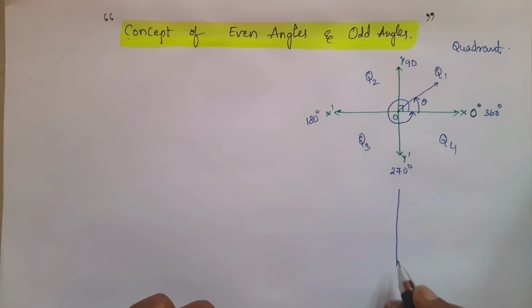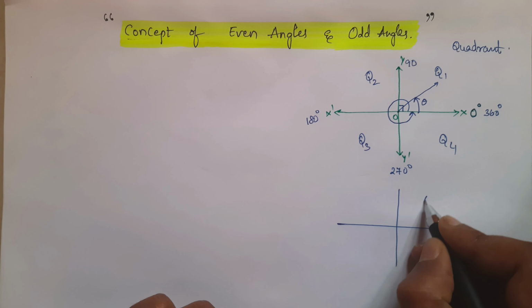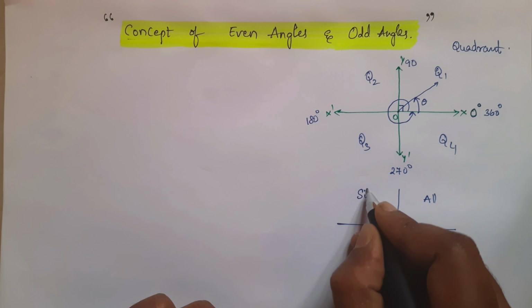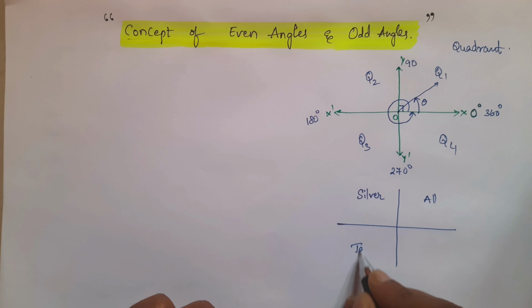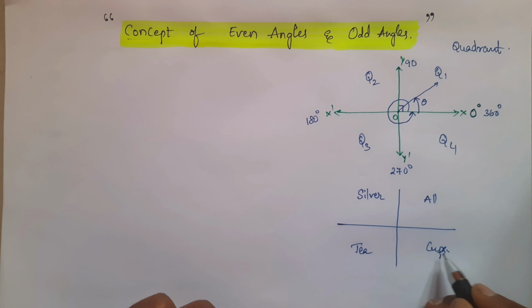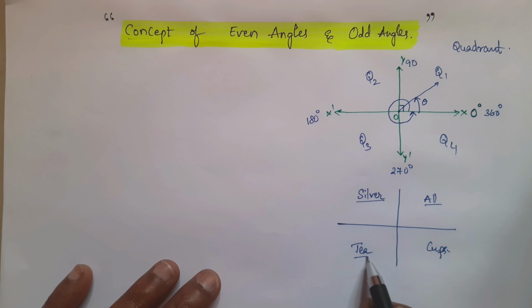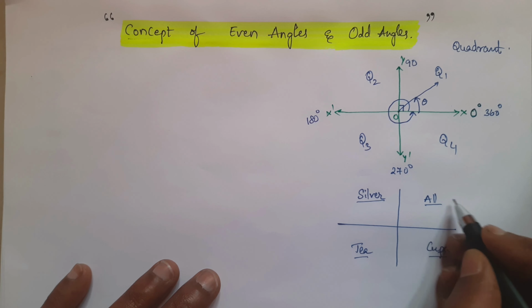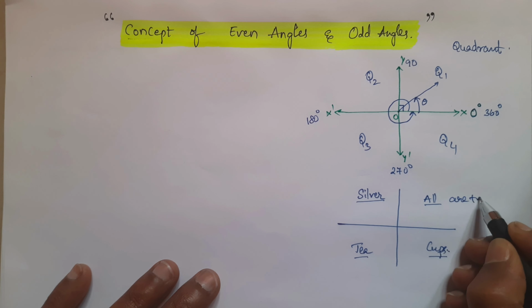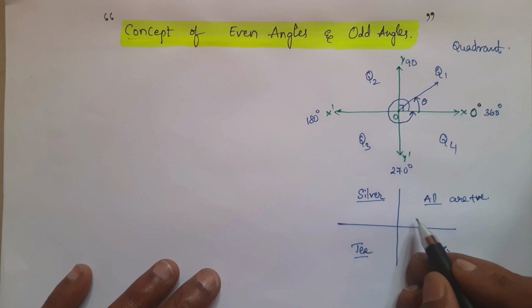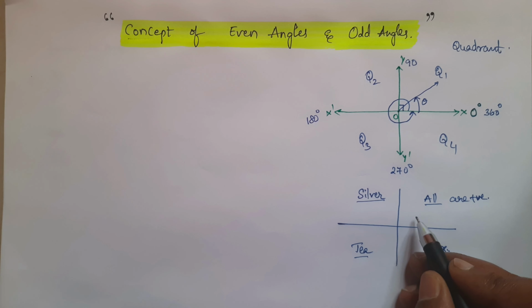So that's why we have a shortcut to remember that, that is All Silver Teacups. All Silver Teacups. See, what are these teacups? These are not actual teacups. This is only a remembrance aid. To remember easily, we will use this All Silver Teacups. Here All represents all are positive. That means if you take any angle, any trigonometric function in this area, it is positive only.